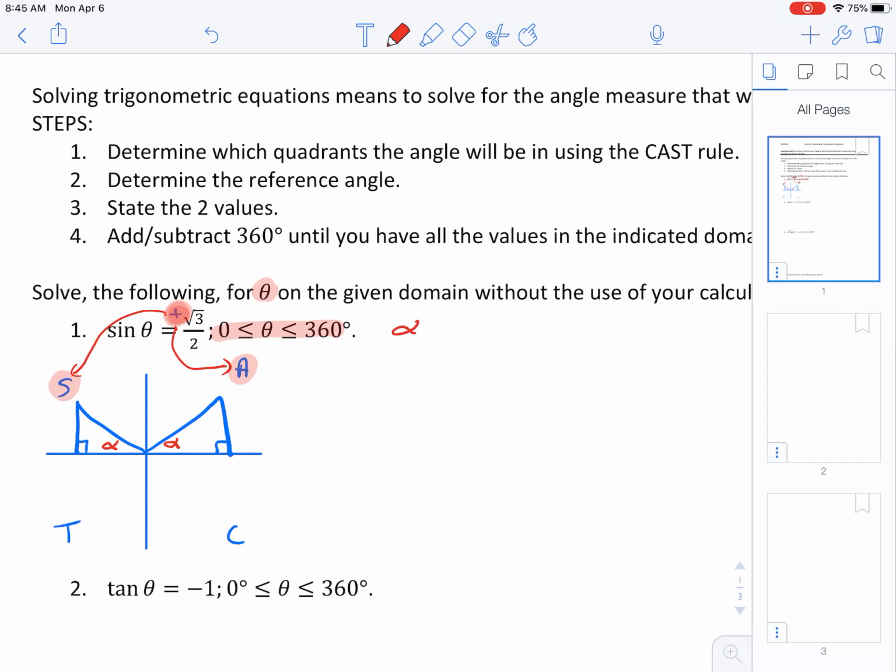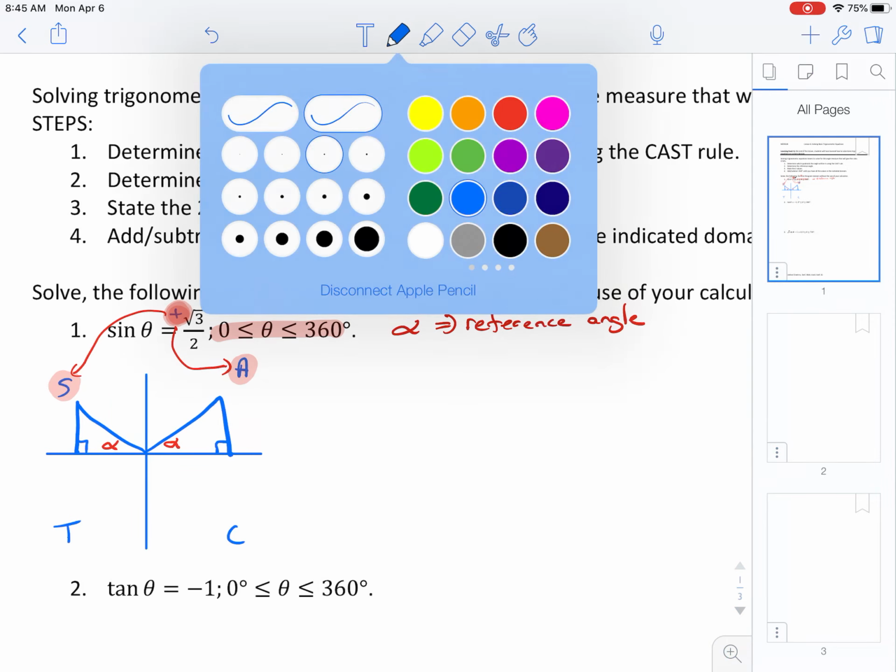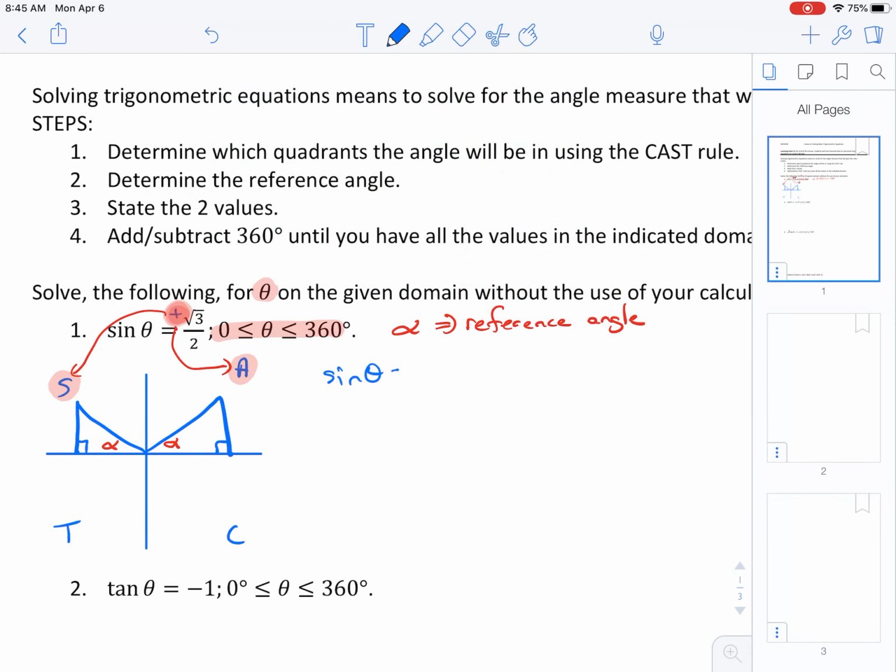Second part is related to this alpha thing. The alpha, remember, is my related acute angle or my reference angle. It's the one that's less than 90 degrees that's going to be in all 4 corners of this bow tie. So the way I figure that out, if I rewrite sine theta equals positive root 3 over 2, recognizing the root 3 and the 2 is key.